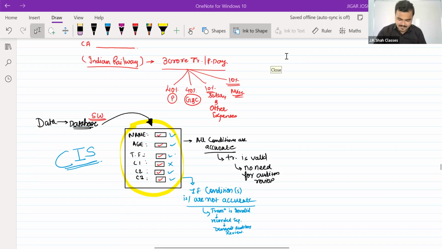P refers to people, passengers, and C refers to goods and carriages.